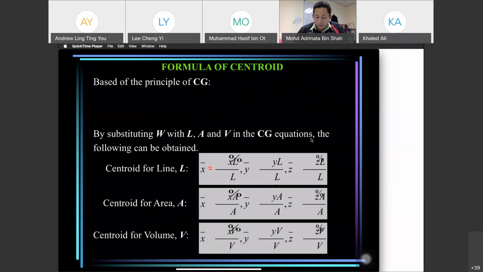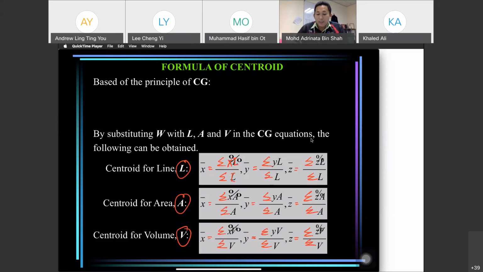X bar is equal to the summation of X times L divided by the summation of L. Y bar is equal to the summation of Y times L divided by the summation of L. Throughout all the equations, the summation for line, area, and volume is the same.